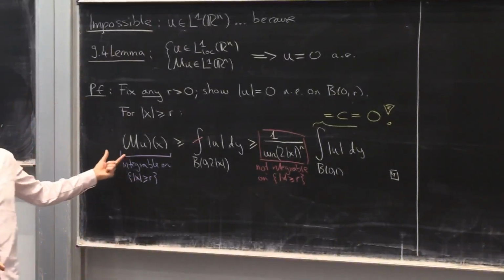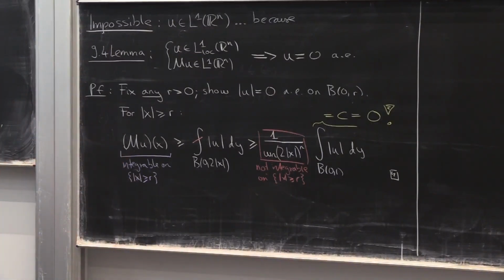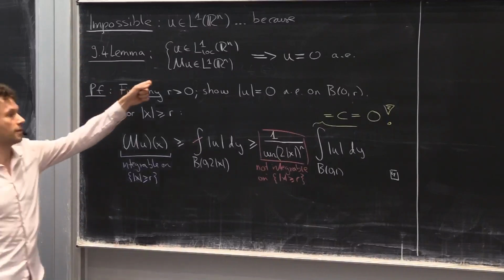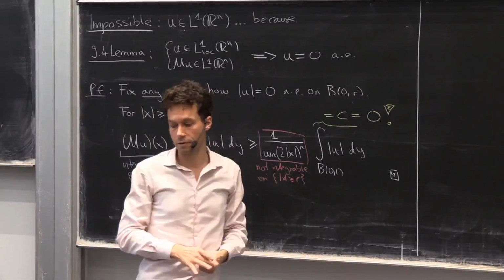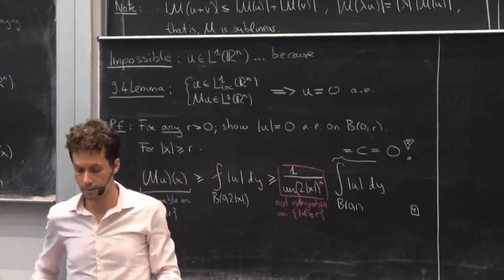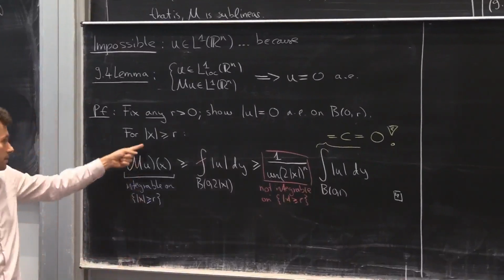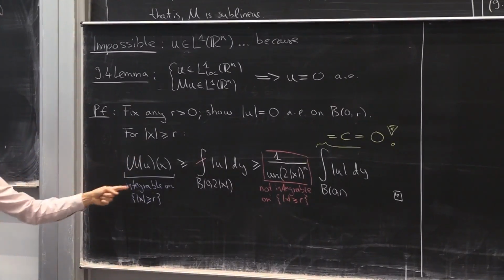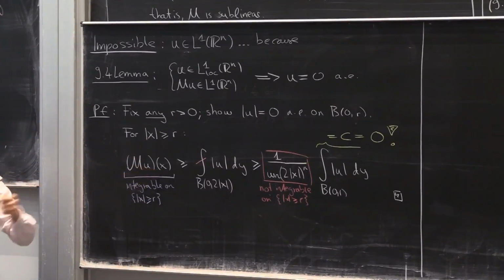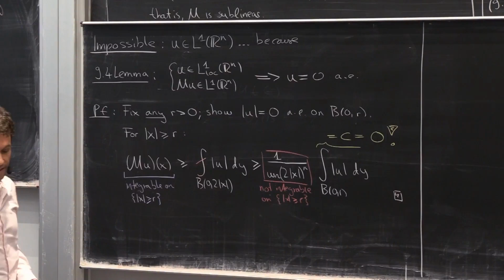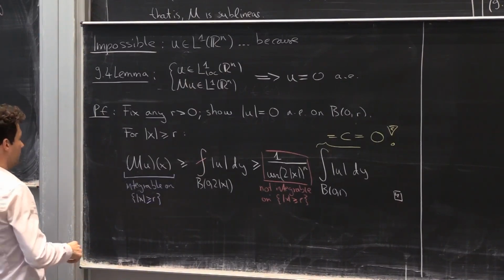Okay, from this argument, you might get the impression that the integrability of the maximal function fails because of the global properties on Rn, because this was an argument that uses Mu at x, where x is going to be far away from the origin. But in the exercises, you're going to learn that Mu integrability can even fail locally. Okay?